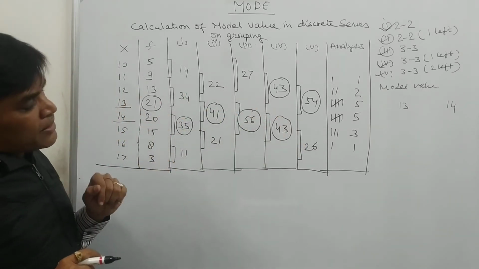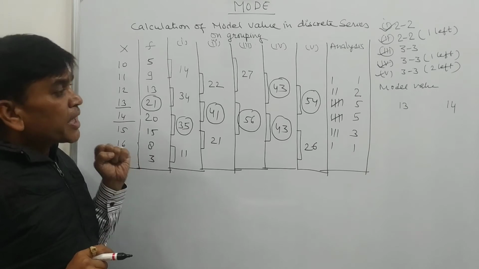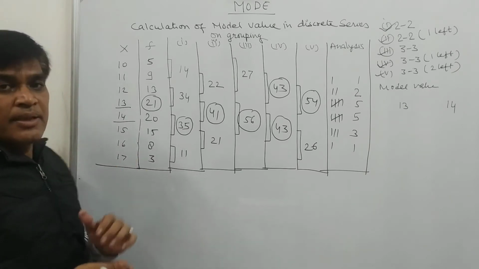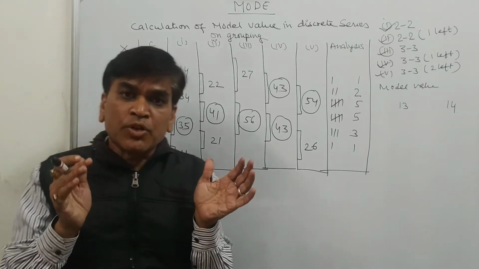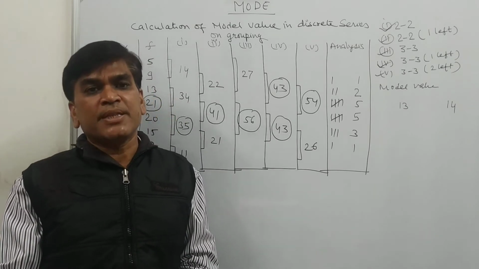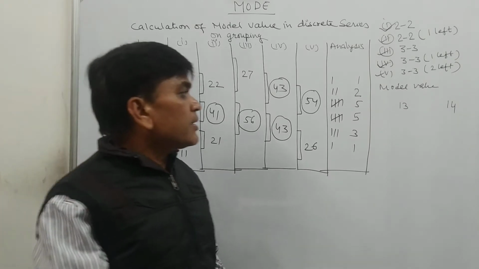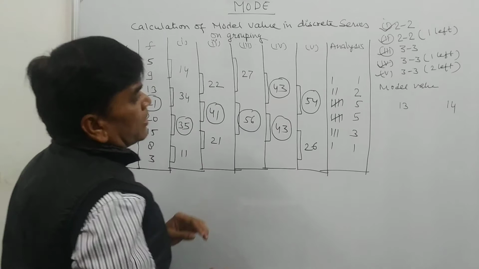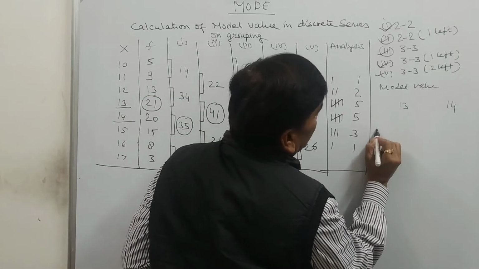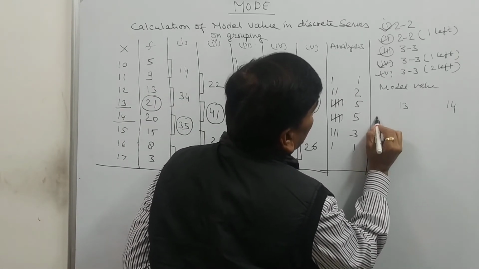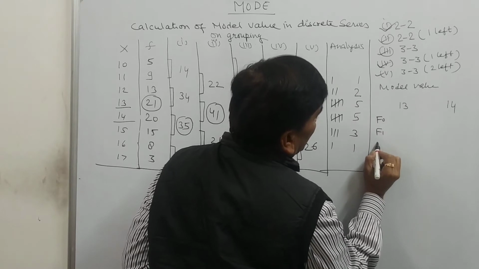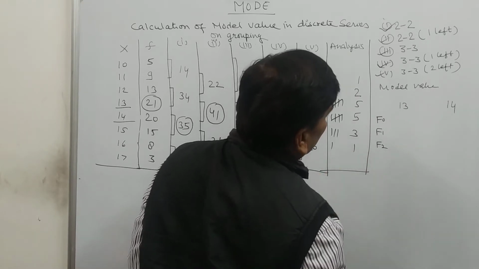So to calculate the actual value of mode, we will see where the grouping of the frequency is higher. For that we will calculate the frequency: F1 is for the modal group, F0 is the pre-frequency of the modal group, and F2 is the post frequency of the modal group.